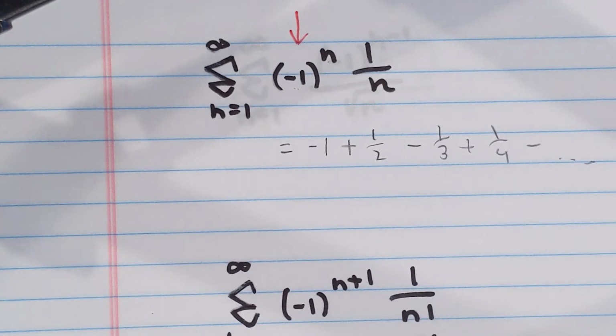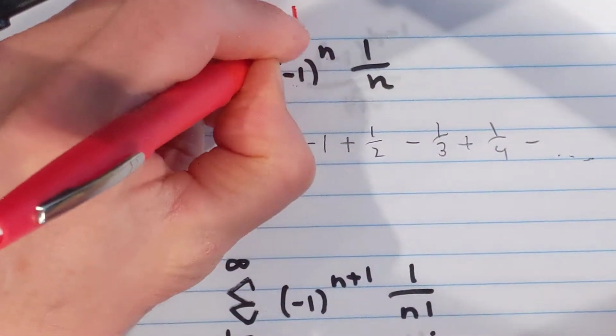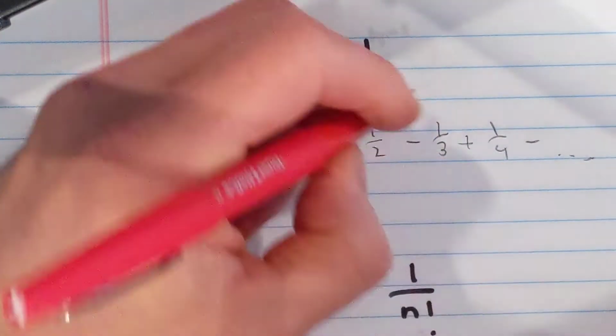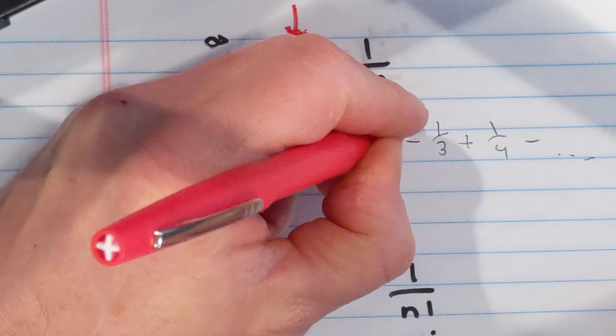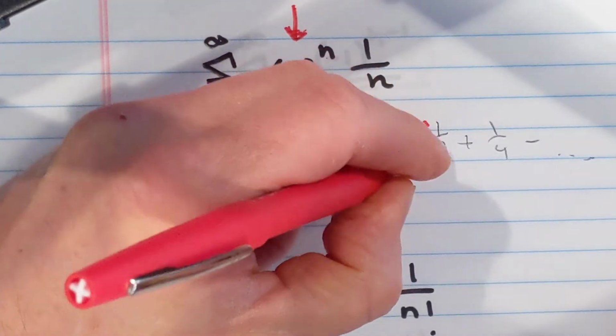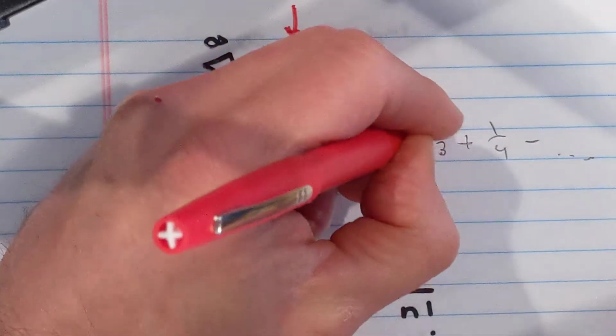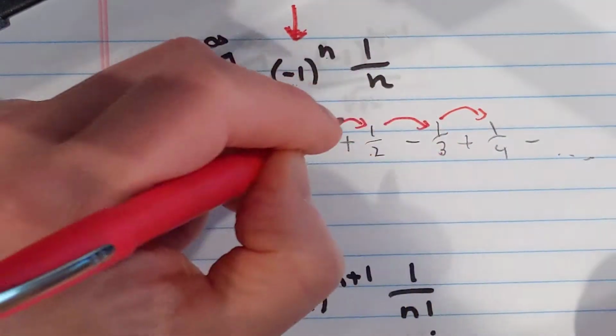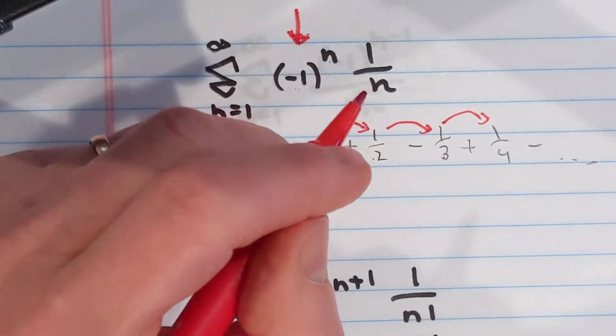Now as soon as I look at this, there's a couple things that automatically are clear. One, it's alternating. Two, each value is decreasing. 1/3 is smaller than 1/2, 1/4 is smaller than 1/3, etc. So it's decreasing.